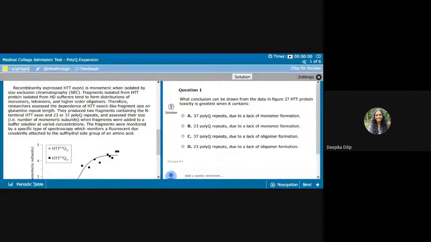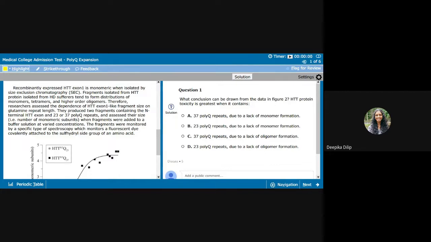So I guess I'll go through sentence by sentence. SEC, I mean, it's based on size, and then the larger ones get out first. So key takeaway, HD separates. Okay, so monomers, tetramers, higher order oligomers. So monomers are going to elute last, presumably.